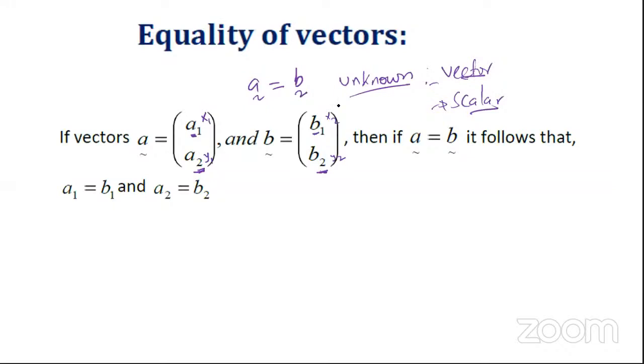So when we say that they are equal, it means you equate the x's and you also equate the y's. Okay? You also equate this one to this one here. So therefore, we can now say that these vectors are equal.